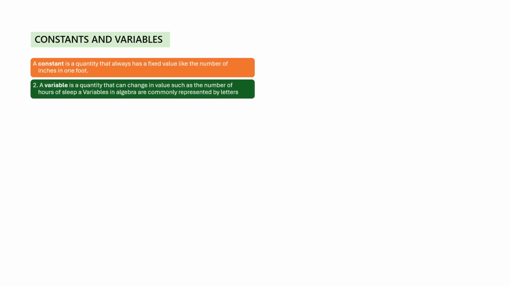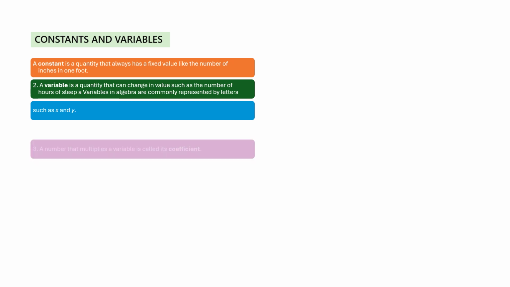A variable is a quantity that can change in value, such as the number of hours of sleep. A variable in algebra is commonly represented by a letter, such as x, y, the famous letters used in algebra.